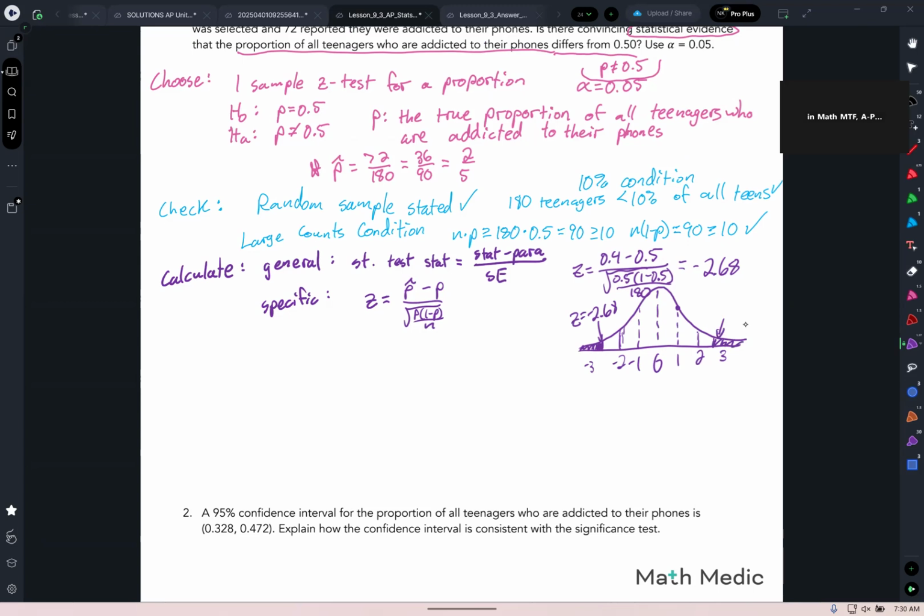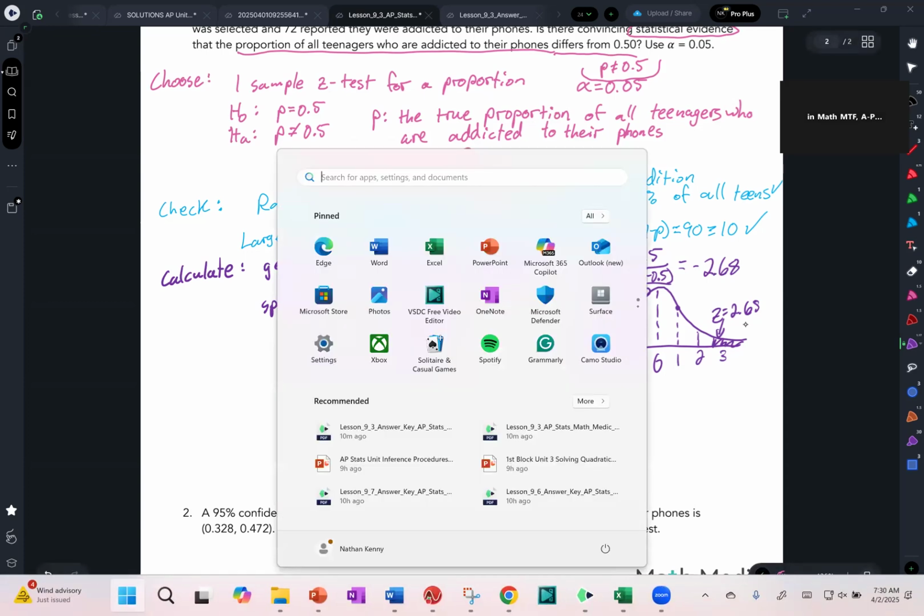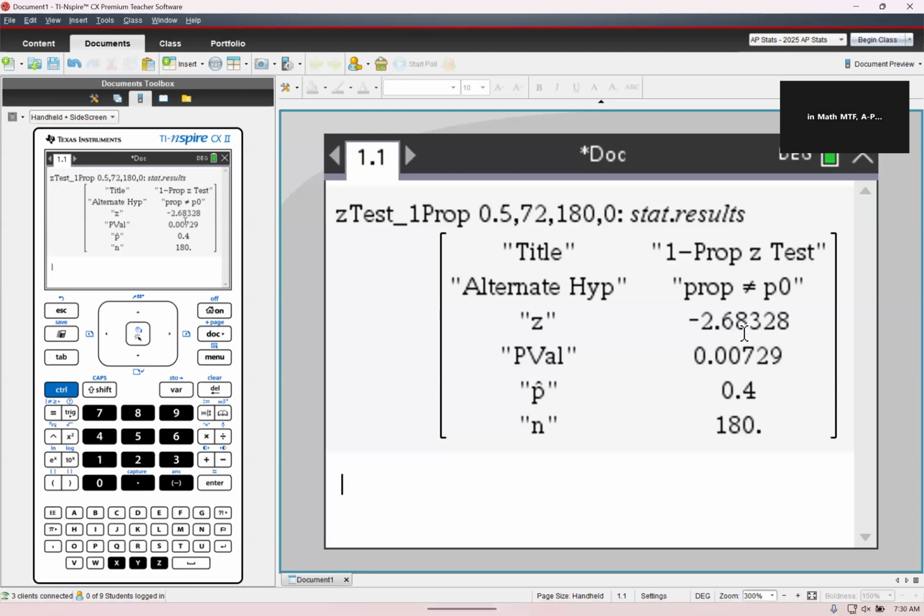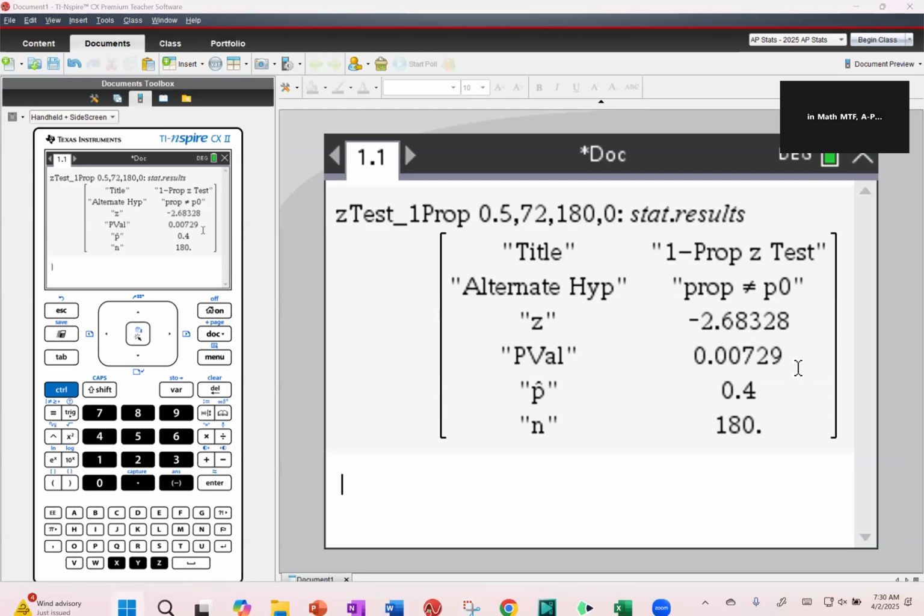So that's the not equal to. I do the positive and the negative. And so we do 2 times the probability that z is less than negative 2.68. Got to double that area. The nice thing is the calculator has already doubled it for us. I don't have to do the work. That's why I did not equal to. So 0.0073.